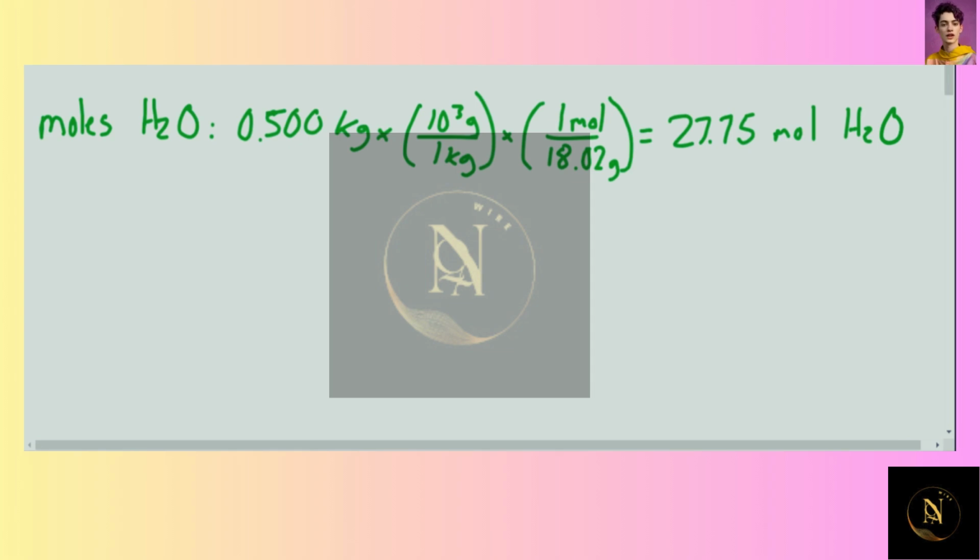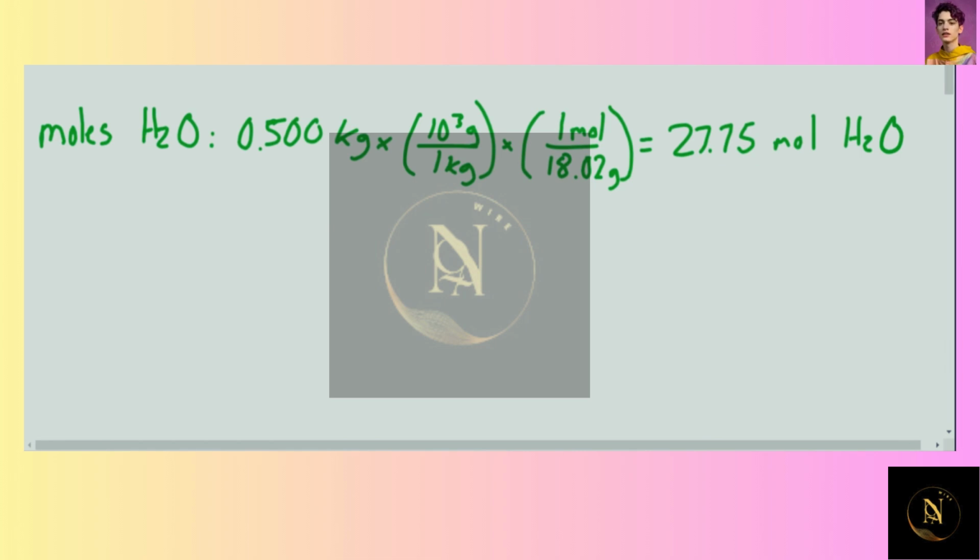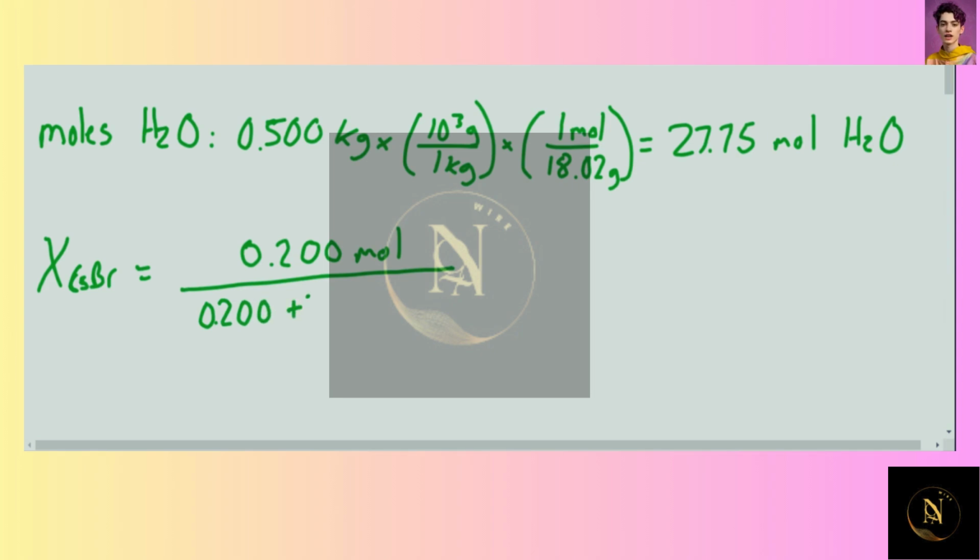So to calculate mole fraction, we just need to put the moles of cesium bromide over the whole. So we have 0.200 moles divided by 0.200 plus 27.75 moles.